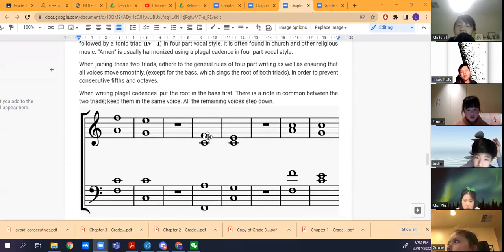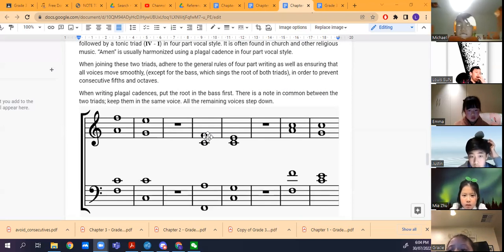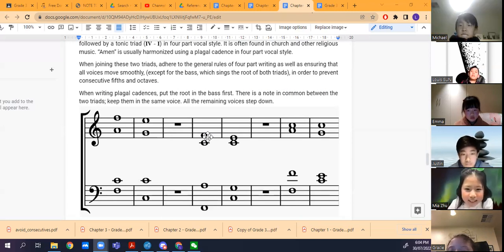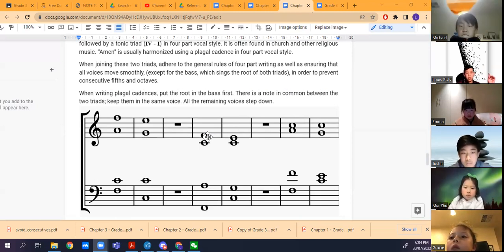In plagal cadences, most of the voices step down. In perfect cadences, the biggest rule is that the leading note to tonic always has to be there. In plagal cadences, there isn't really a biggest rule, but it helps you significantly to write a plagal cadence if the note in common between the two chords stays the same. Any questions?